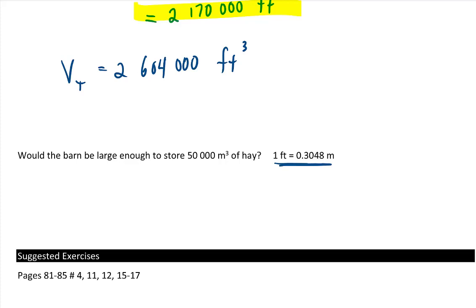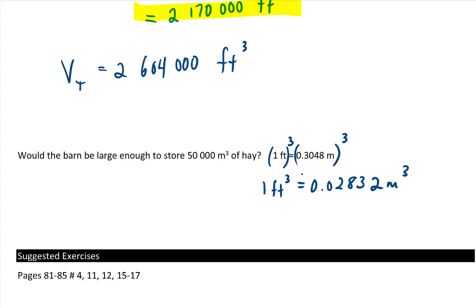So to figure that out, a quick way to do that is just to cube both these numbers. So we get 1 cubic foot, 1 foot cubed is equal to, and you're going to take the cube of 0.3048, which is going to give me 0.02832 approximately. And that's going to be meters cubed now.